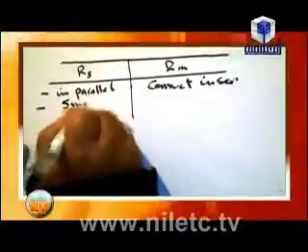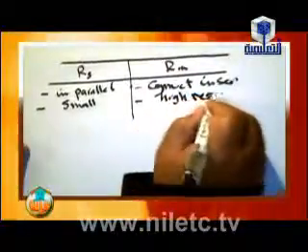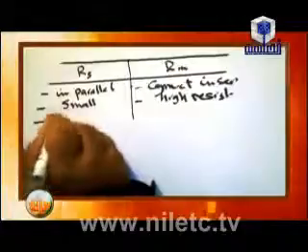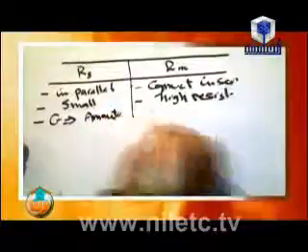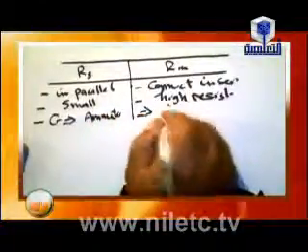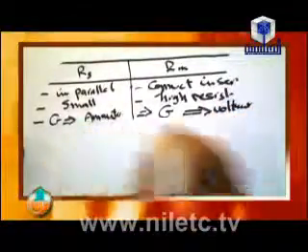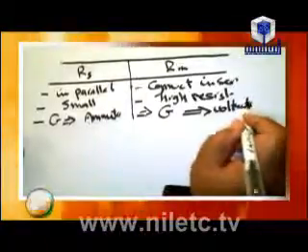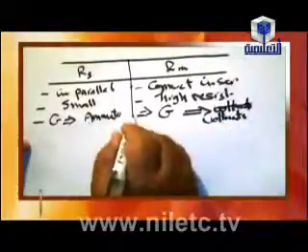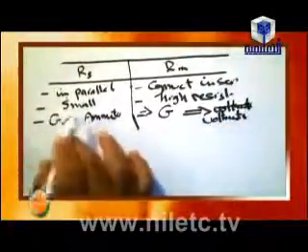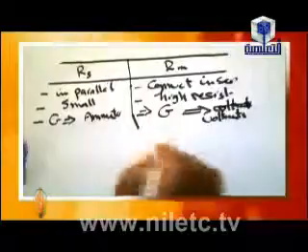Shunt resistance is a small resistance, and multiplier is a high resistance. Shunt resistance converts the galvanometer into an ammeter, and multiplier resistance converts the galvanometer into a voltmeter. Ammeter measures the current intensity, and voltmeter measures potential difference.